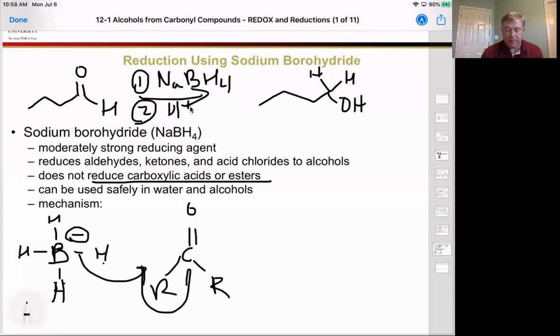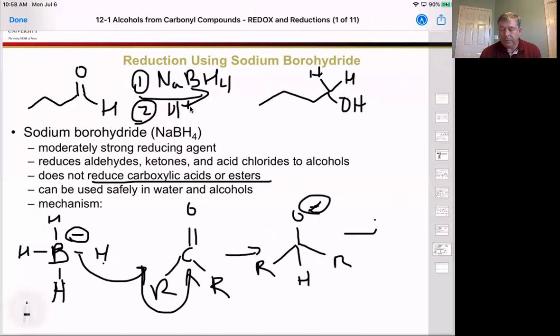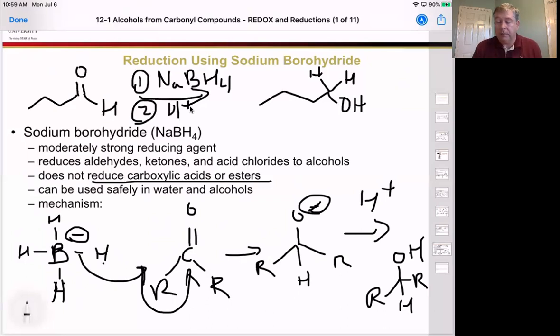It's going to attack that carbonyl carbon and generate our new sp3 hybridized bond plus a negative charge on our oxygen here, which then will be decomposed with the presence of any proton available to it, such as that with water or another alcohol, to generate our new primary or secondary alcohol. Okay, so again, if it's a ketone, you end up with a secondary alcohol. If it's an aldehyde or acid chloride, you end up with a primary alcohol.